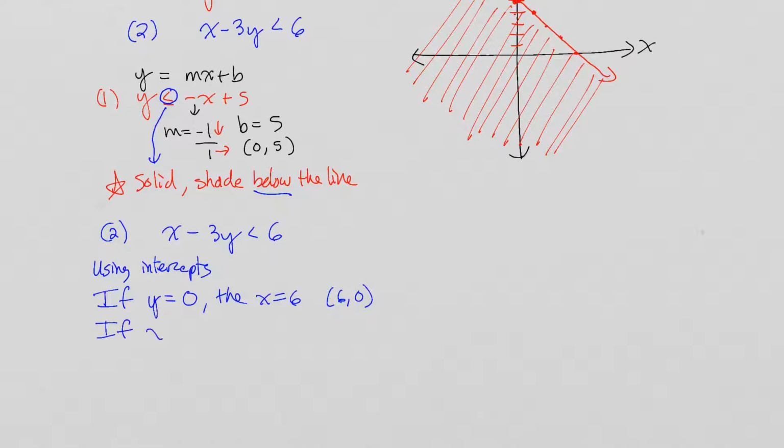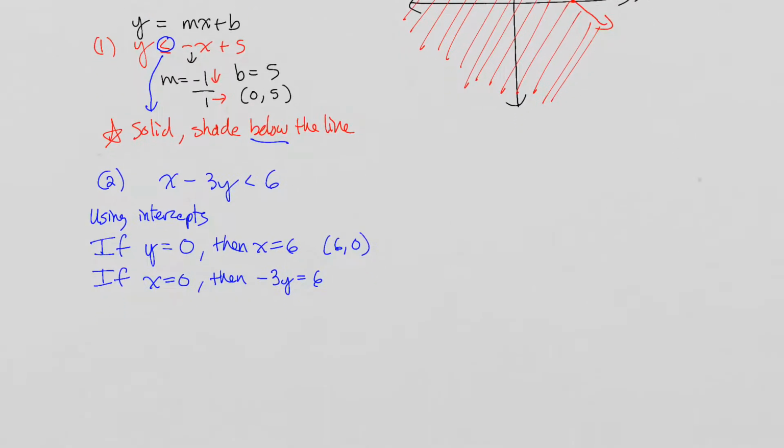And if x equals 0, then that's going to give us the term -3y is equal to 6, which you can divide both sides by -3, or just think of -3 times -2 is going to be equal to 6.